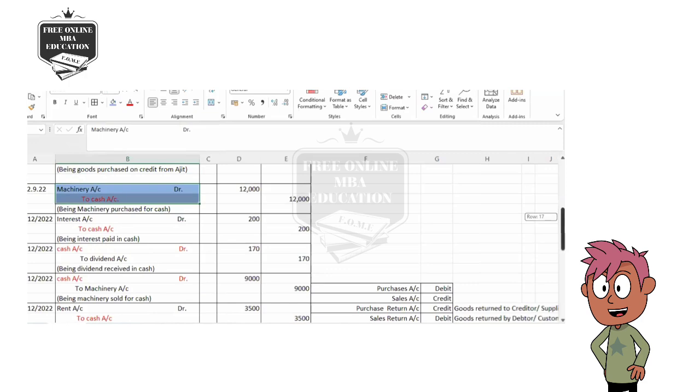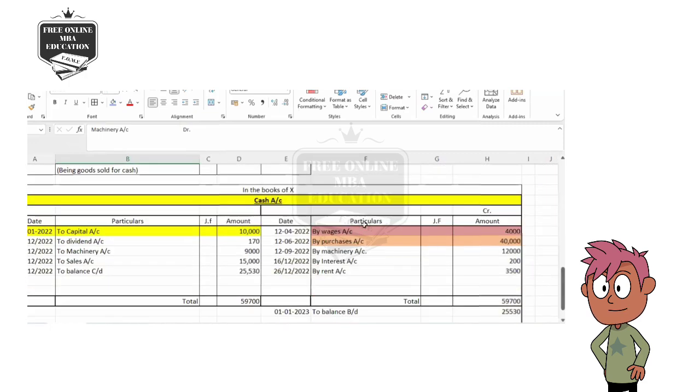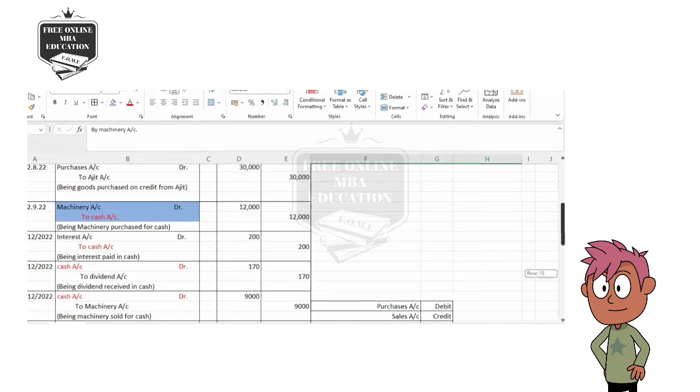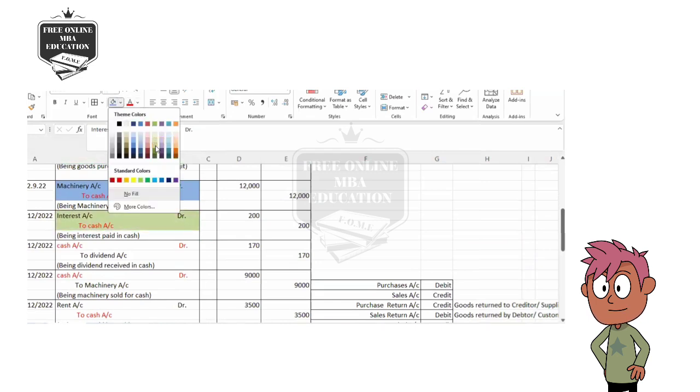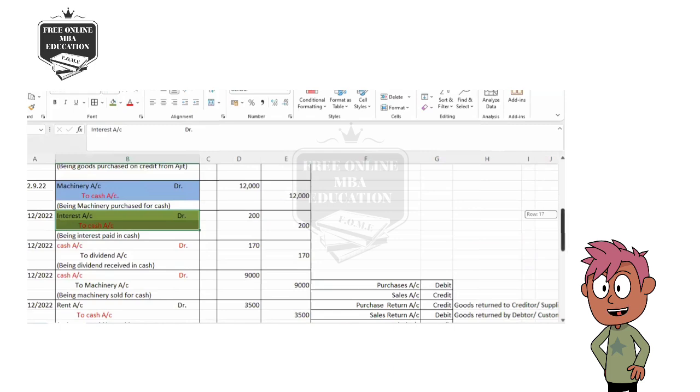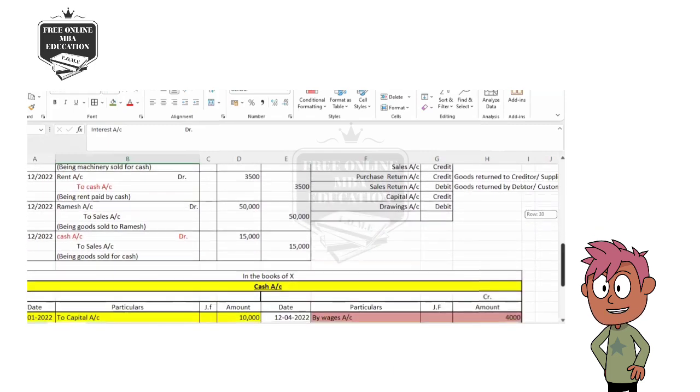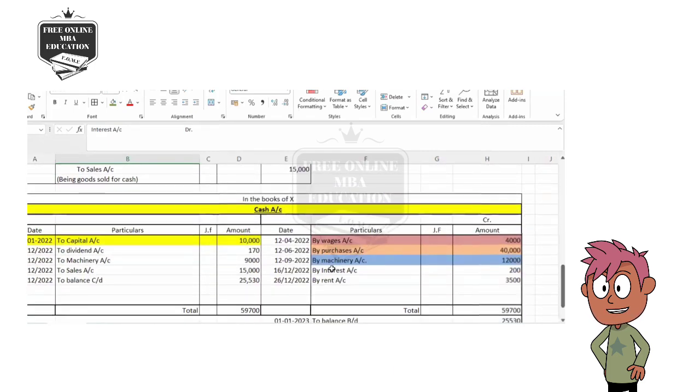So machinery account, and here again machinery, we have paid for machinery. Next, interest account debit to cash. We have paid interest. Again, it's a payment from our side. So wherever there is any expenditure, we are supposed to consider these as the payment from our side at the credit side. So interest account you will find at the credit side.